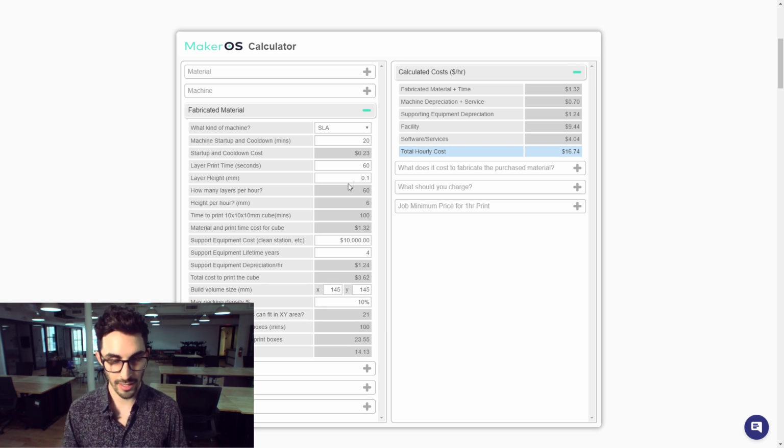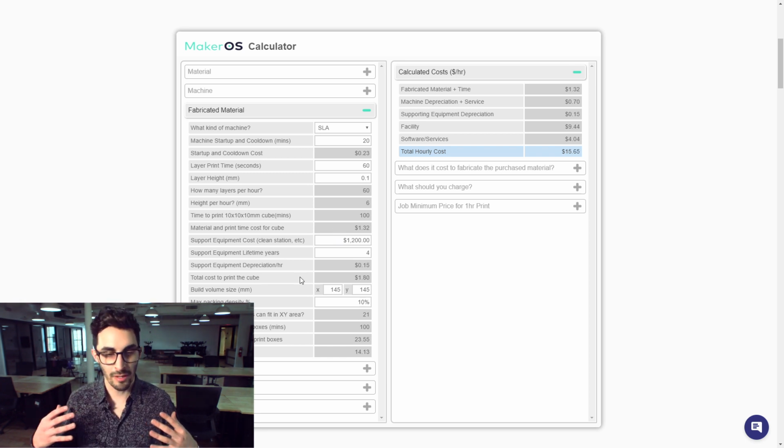Looking at the next line here, the material and print time cost for 1 cube, we're taking a look at 1 cubic centimeter, a little tiny cube, and if it takes 10 or 20 millimeters or so in Z height, it'll take roughly X amount of time, and that all equates down to $1.32. We'll move down in the calculation as we move along.